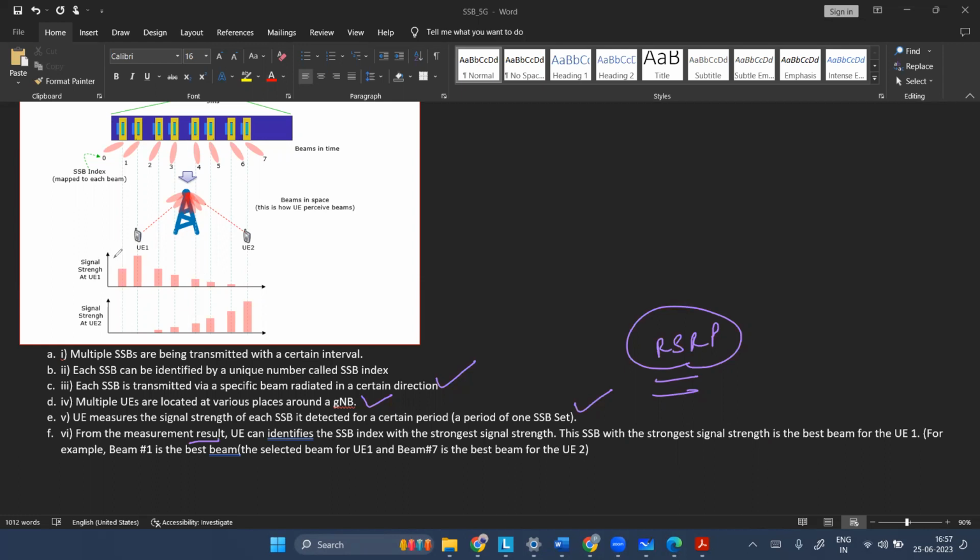For UE1, SSB index 1 is there, and for UE2, the 7th SSB index is there, which has high RSRP. The SSB with the strongest signal strength is the best beam for the UE. For example, beam 1 is the best beam for UE1 and beam 7 is the best beam for UE2.